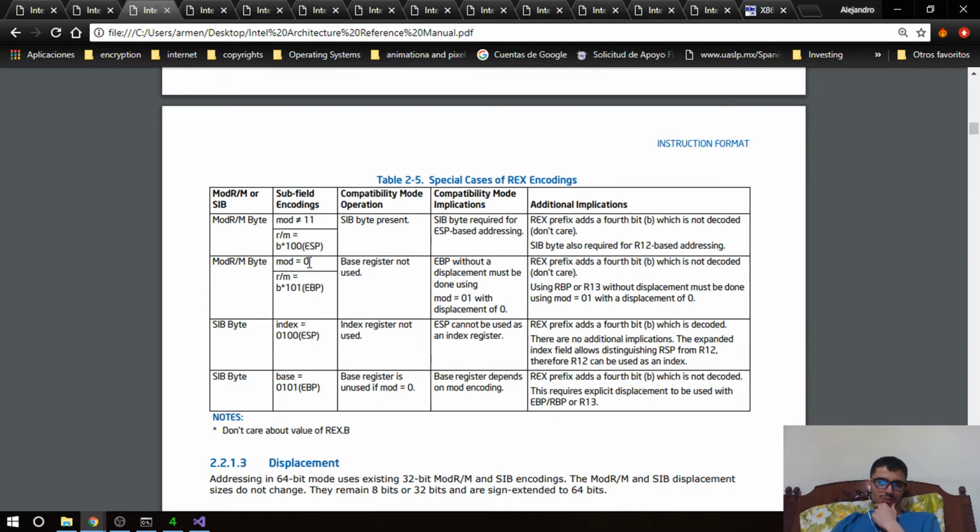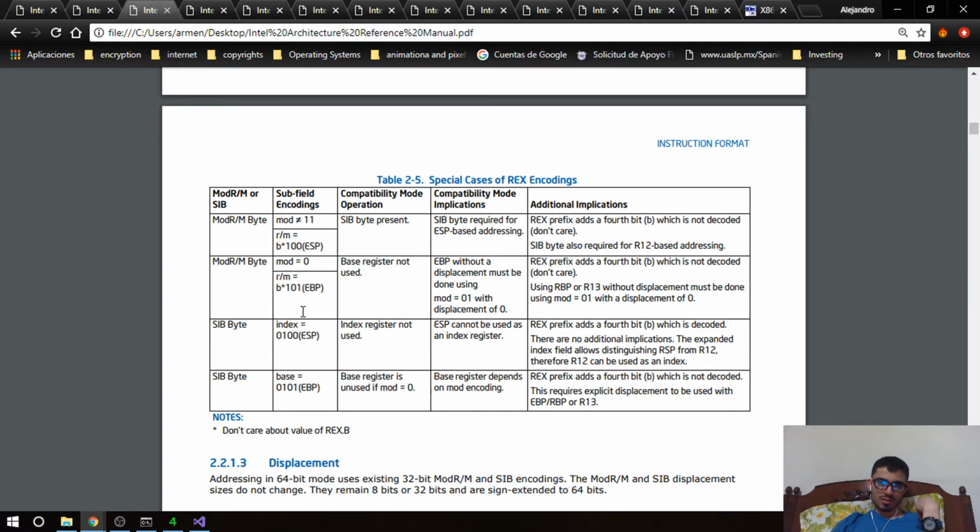We have mod equals 0. That means we're going for, and we're using 101. That means that we don't use a base register.